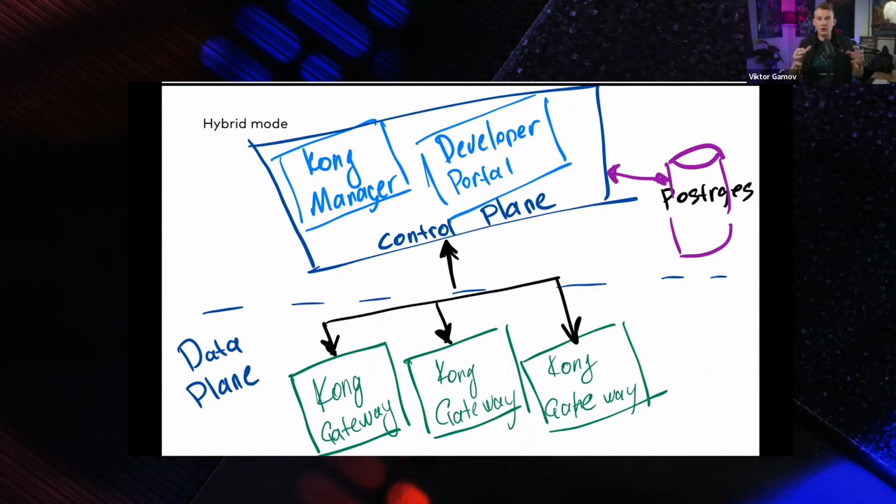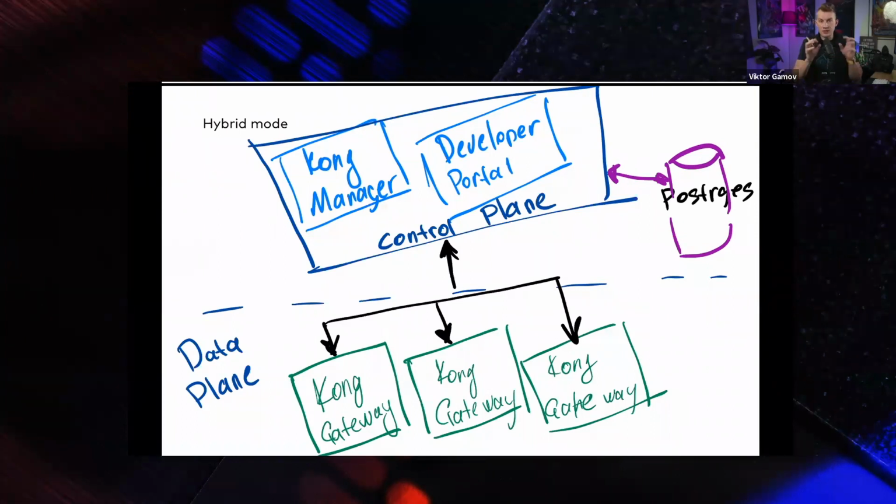We separated the role of the data plane, which is responsible for pushing traffic through, and the control plane, which is also another instance of Kong, responsible for updating configuration, admin API, and syncing with the database. When you change something in the control plane, it will push it down to different environments.